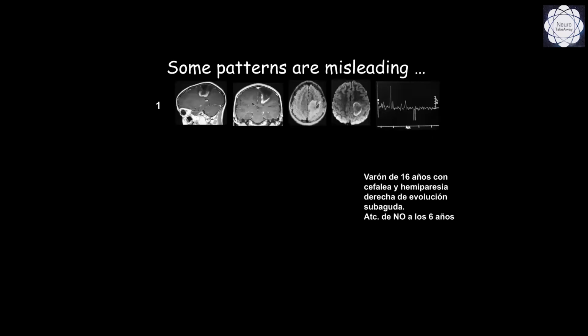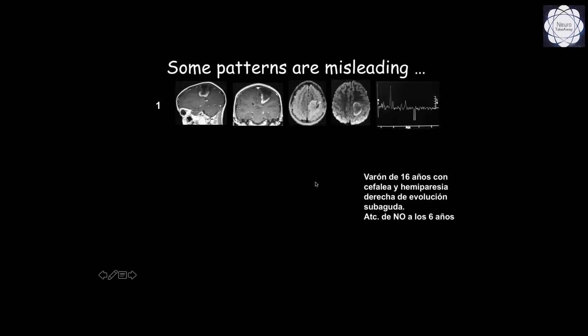Another case that is very telling regarding the potentially misleading imaging pattern regarding the evolution. Here we have a patient that I had the opportunity to see many years ago with a right hemiparesis.